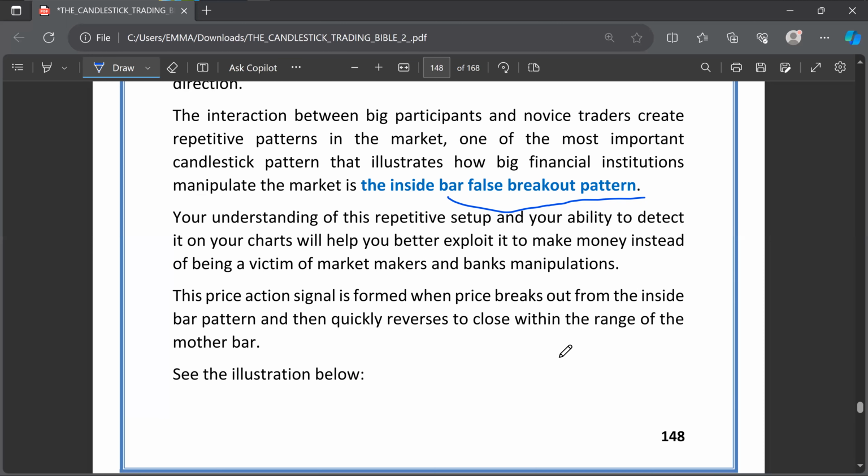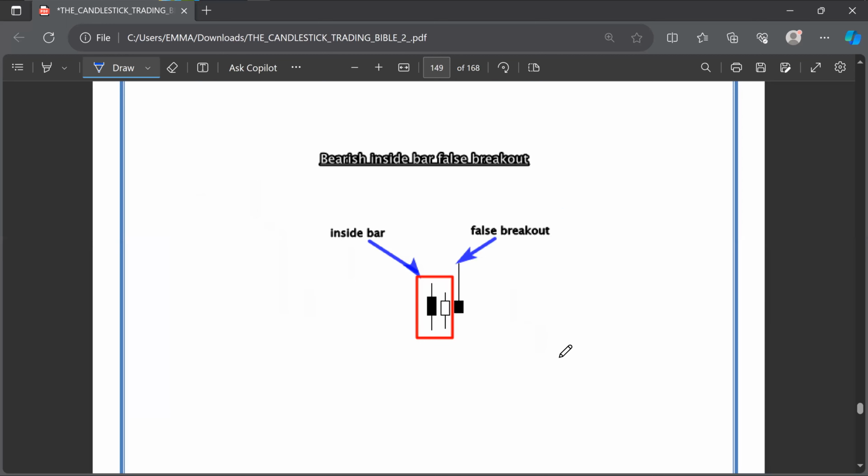So let's look at what it is. See, this is what happens. This is an inside bar. This is the bigger one, and this is the smaller one. When this happens, you think this is a bullish setup. Hence, the market is supposed to go up.